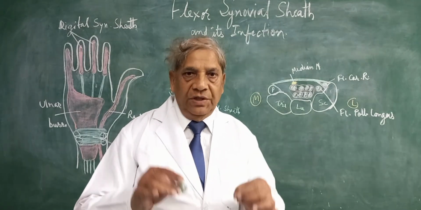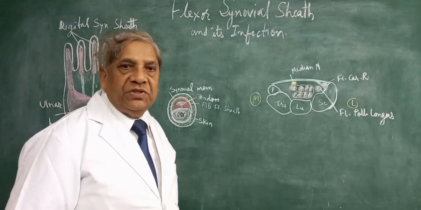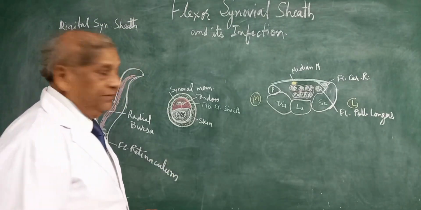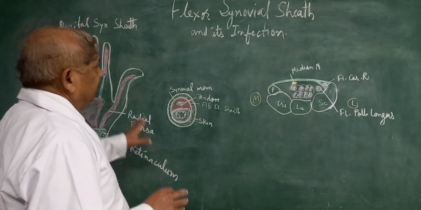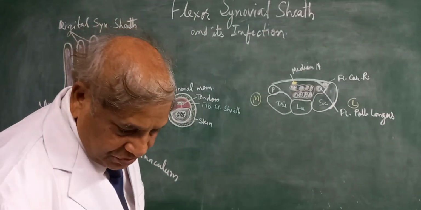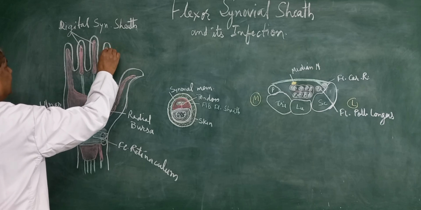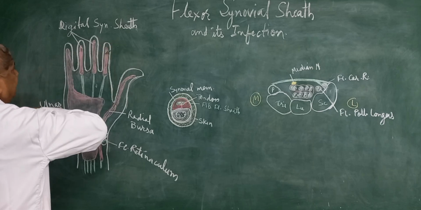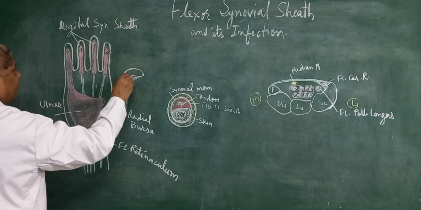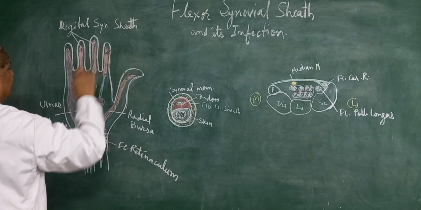Please note it down: tenosynovitis is the inflammation of the synovial sheath along with the tendon it is covering. This may happen because of a pinprick or any injury where infection may enter. Say, for example, there is a pinprick by a rusted nail and it involves the synovial sheath here. Then this infection will spread.